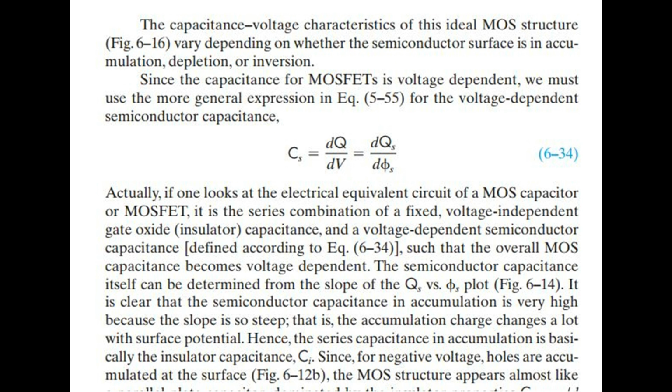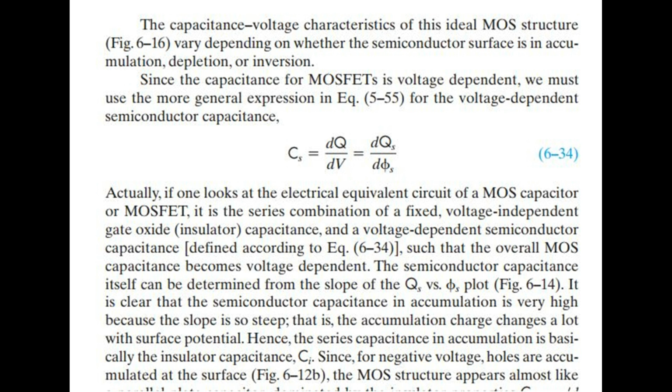Actually, if one looks at the electrical equivalent circuit of a MOS capacitor or MOSFET, it is the series combination of a fixed, voltage-independent gate oxide insulator capacitance and a voltage-dependent semiconductor capacitance defined according to EQ 634, such that the overall MOS capacitance becomes voltage dependent.